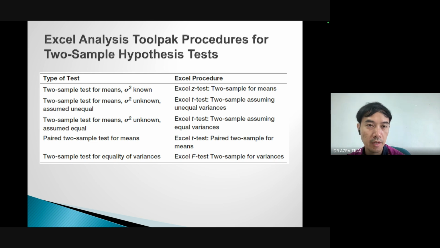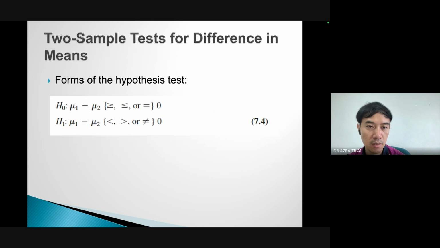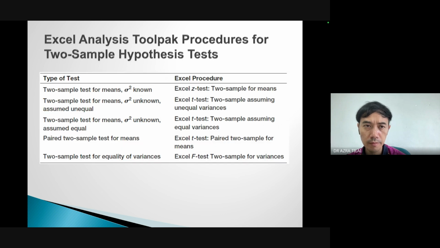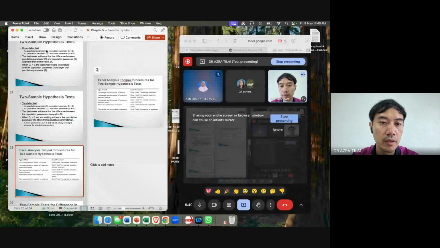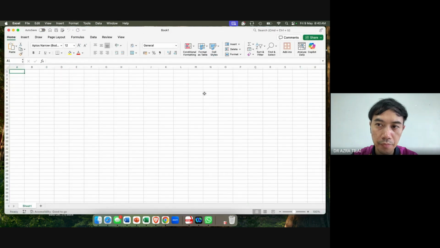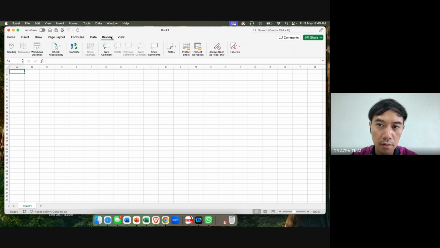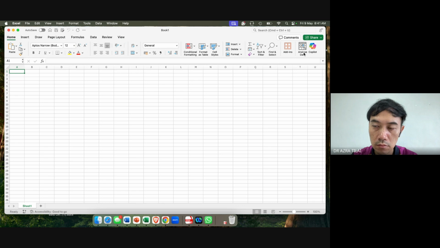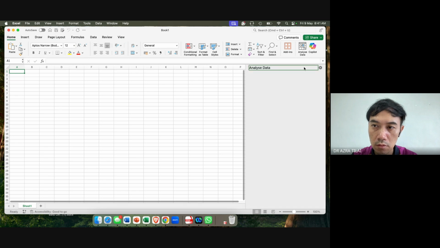There is an Analysis ToolPak in your Excel that you can enable in order to do this type of test. I'm not sure if you have it in your Excel. Let me see. Analysis ToolPak.